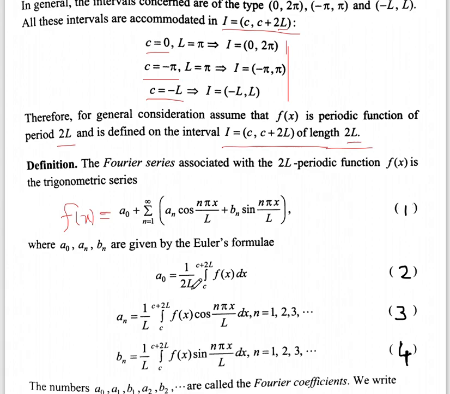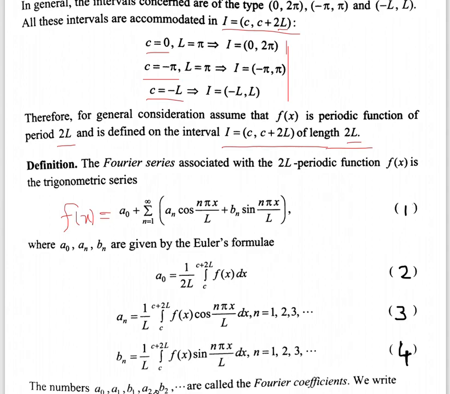That is, a0 equals 1 upon 2L integral c to c plus 2L f of x dx. An is 1 upon L integral c to c plus 2L f of x cos(n pi x upon L) dx, where n equals 1, 2, 3 and so on. Bn equals 1 upon L integral c to c plus 2L f of x sin(n pi x upon L) dx, n equals 1, 2, 3 and so on.